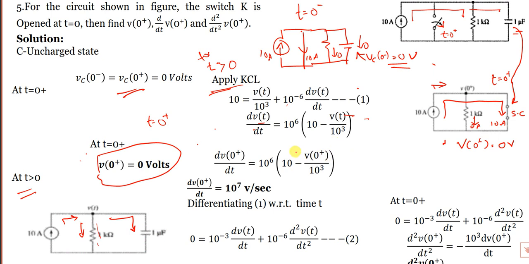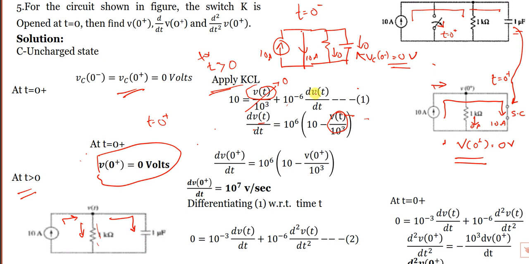V of 0 plus, I think we got 0. If I substitute at t is equal to 0 plus, this part is 0 because V of 0 plus is 0. So this entire term is 0. So we are left with 10 power minus 6 dV by dt is equal to 10.